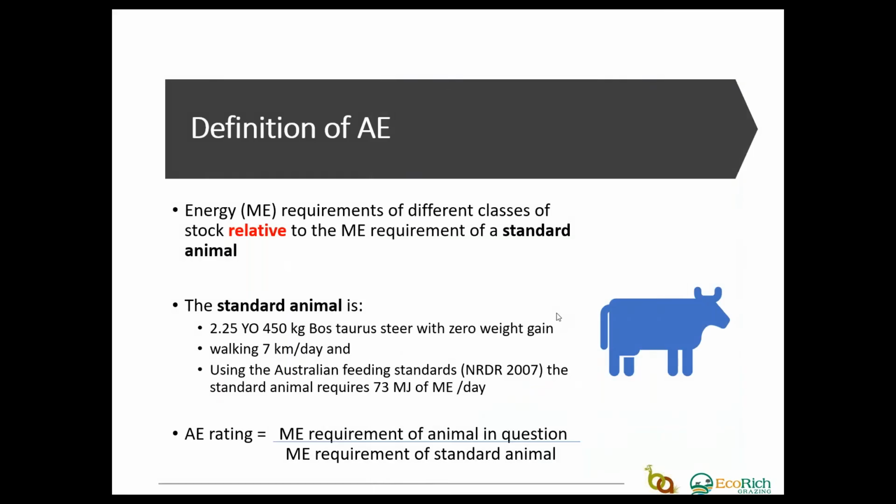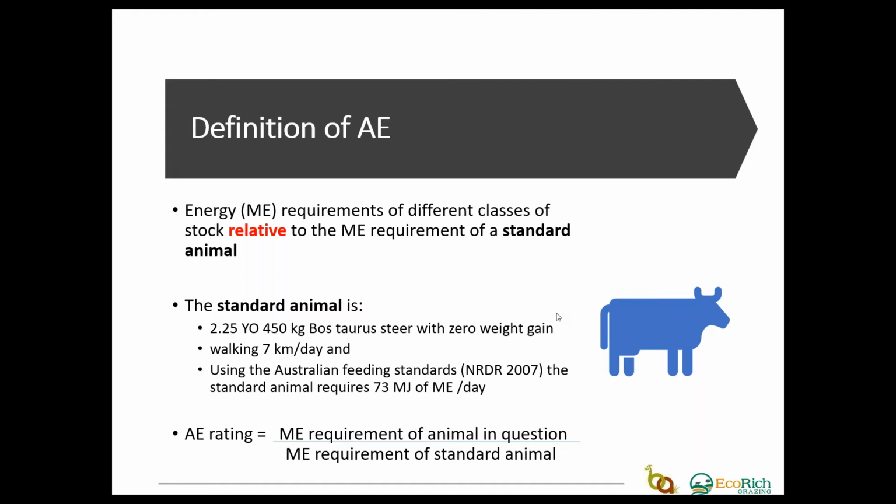Thanks, Col, and good morning, everyone. So the definition of an AE, or the method of calculating an AE, is now the ME requirements of either the animal or animals in question relative to the ME requirement of the standard animal.